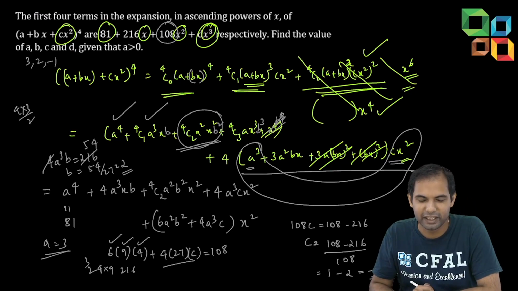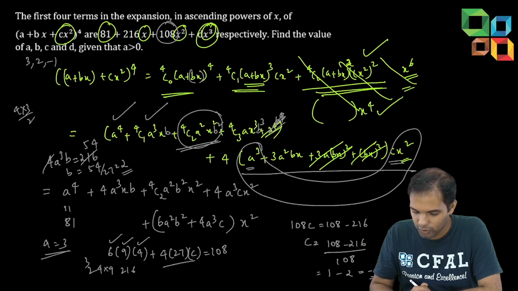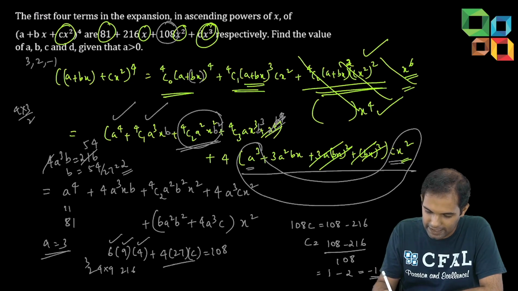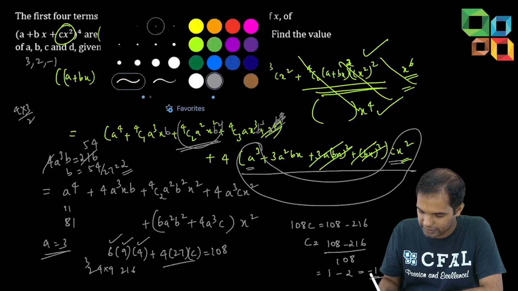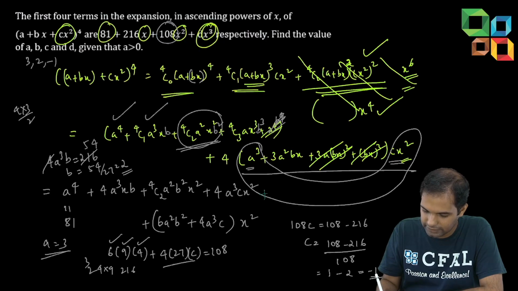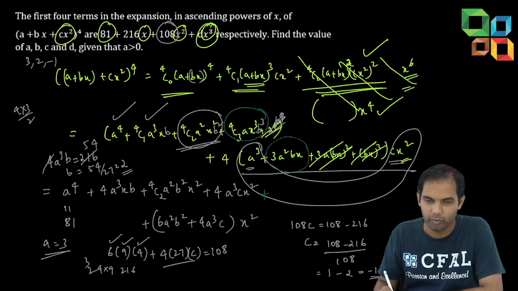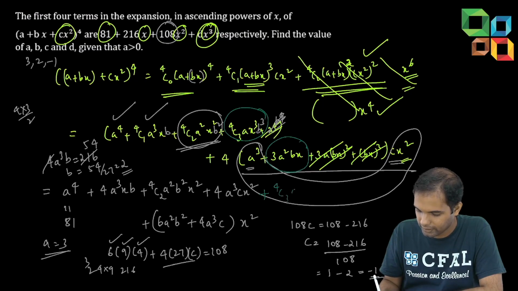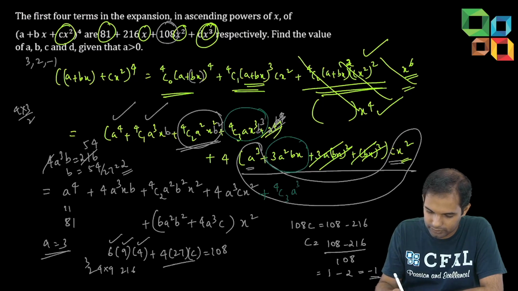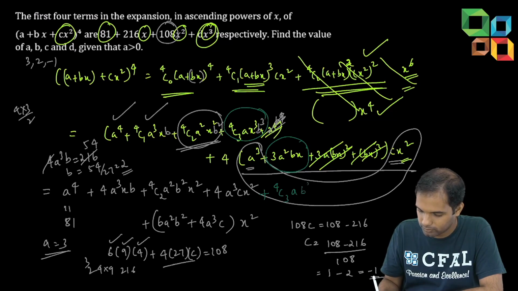Only one term remaining now is d. You can guess that. So I'll add it. Let me change the color again. This term and this term are contributing to x cube. So it is 4c3 a into b cube x cube. This term is plus 4 into 3a square b into c.